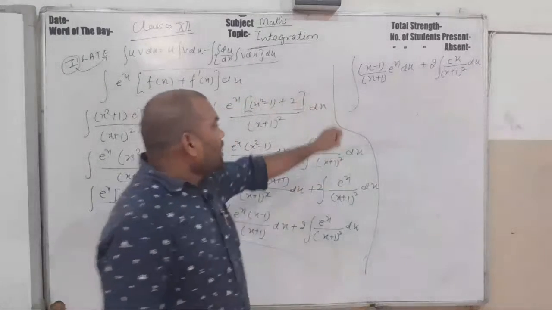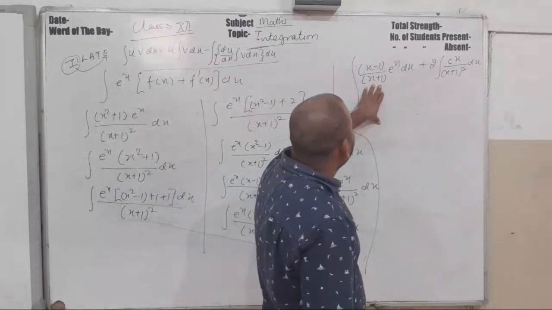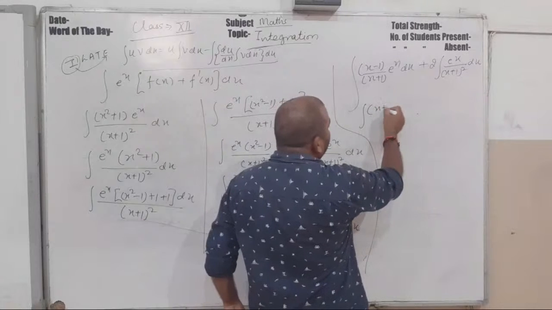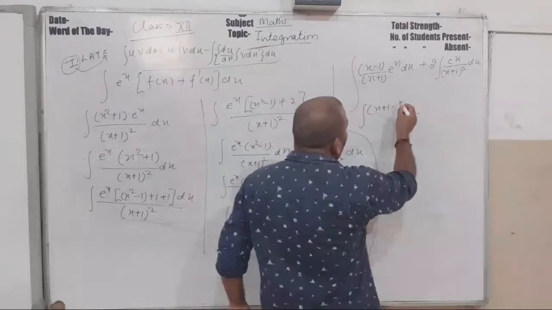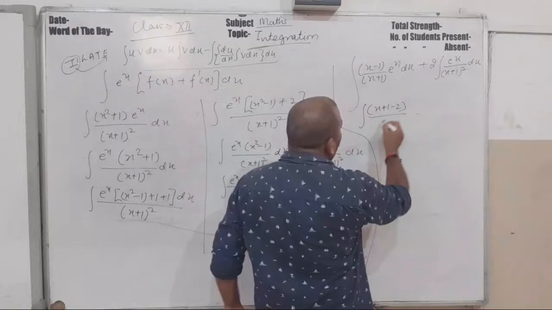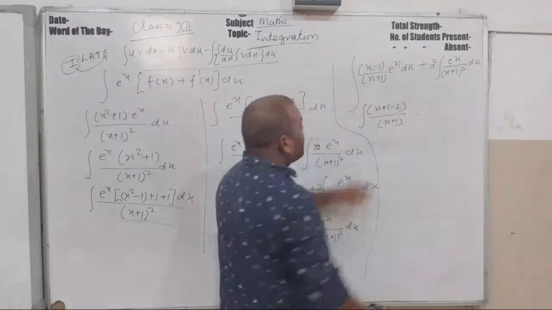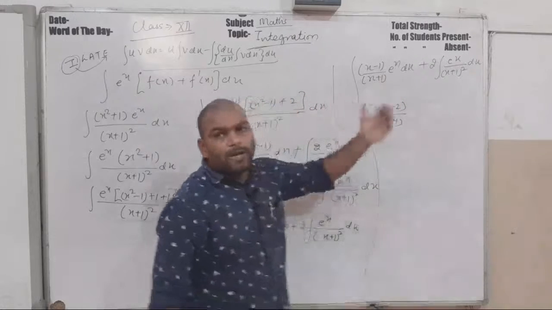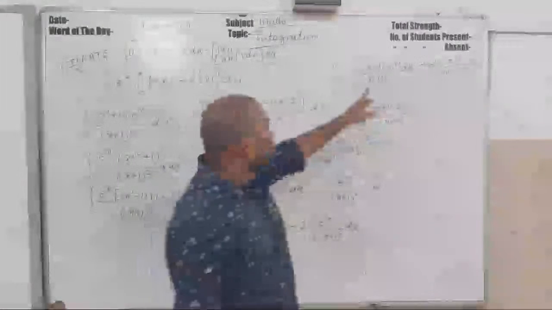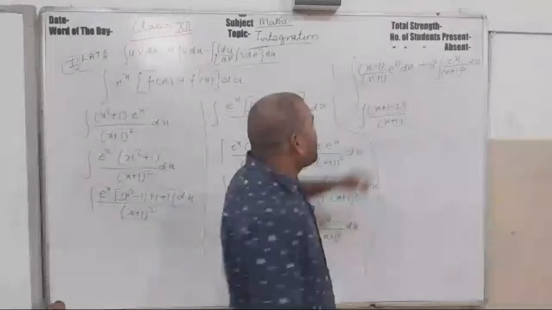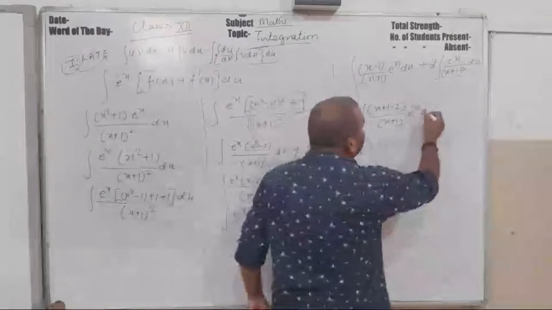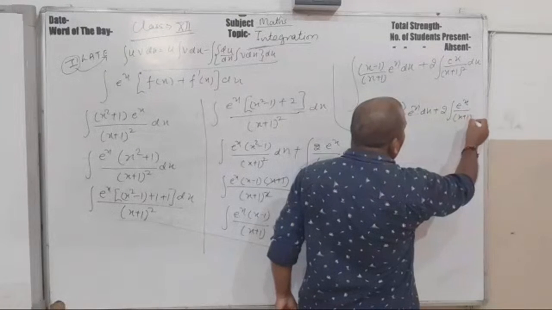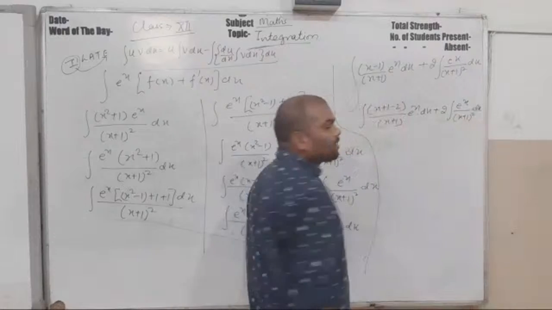Now we will separate it. This can be written as (x plus 1 minus 2). Now we have added 1 and subtracted 1, so subtraction becomes minus 2, into e to the power x dx, plus 2 times the integral of e to the power x upon square of x plus 1 dx.